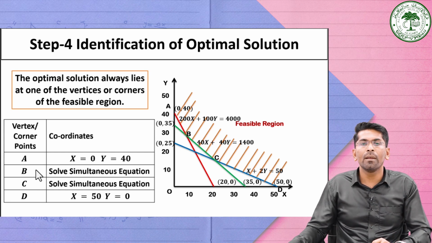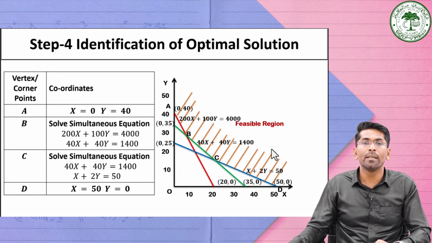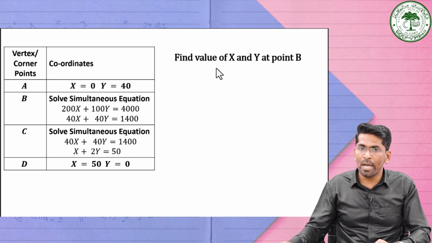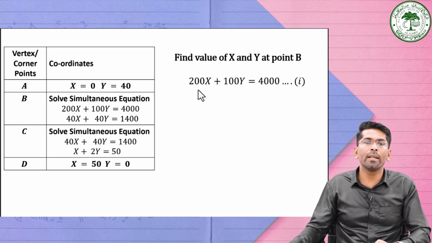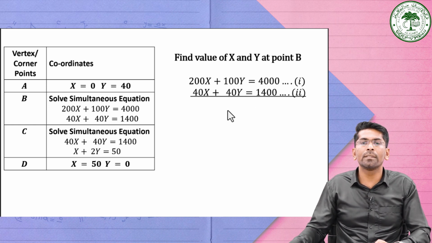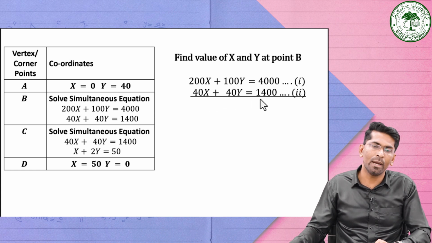So at point B, these two equations will be considered. To find the value of x and y at point B, we have two equations: equation 1 is 200x plus 100y equal to 4000, and equation 2 is 40x plus 40y equal to 1400.